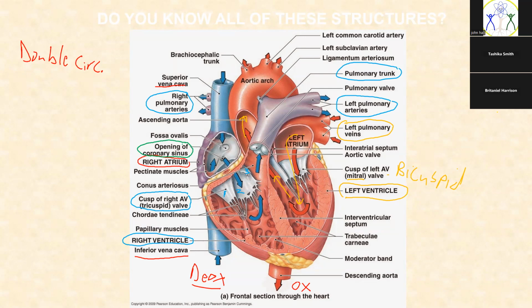That's the deoxygenated blood. Then coming back now from the lungs as oxygenated, we do left and right pulmonary veins into the left atrium. Then from the left atrium through the bicuspid valves, we go into the left ventricle. And then from the left ventricle, we go into the aorta, which carries blood to the rest of the body. Okay? So that's my revision.